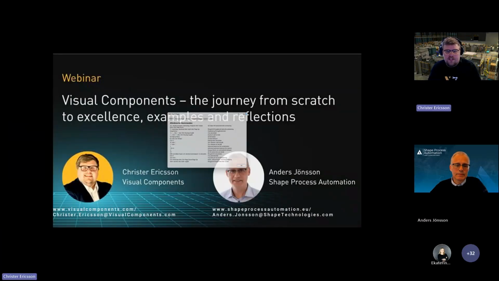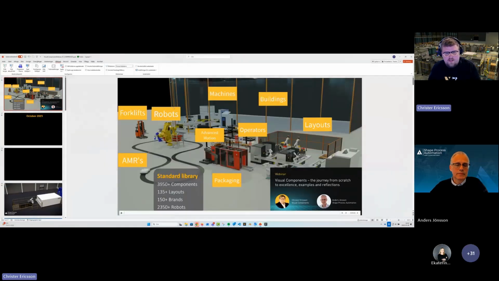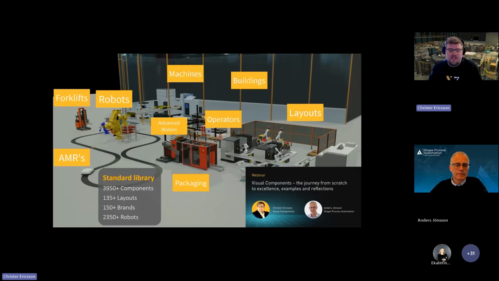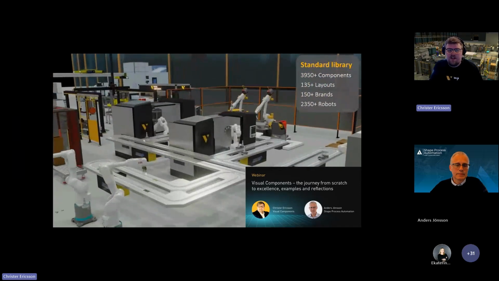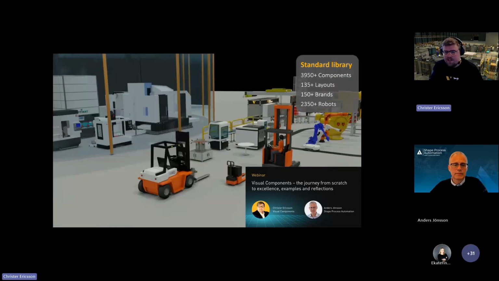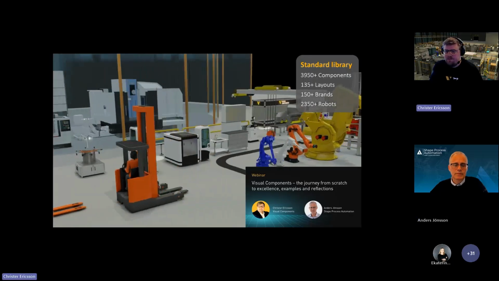Basically, what you see here is something that you can find directly from the library. Just drag and drop, plug and play, and start to work with. Over 150 different branded components exist in the library, and then a lot of generic stuff.